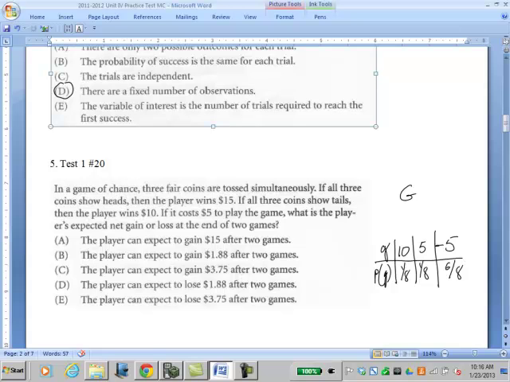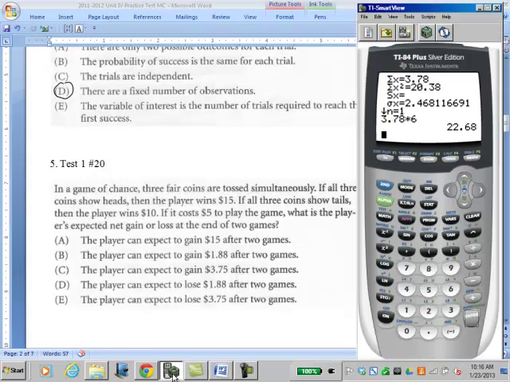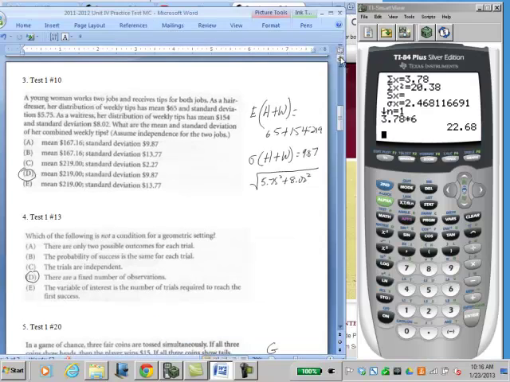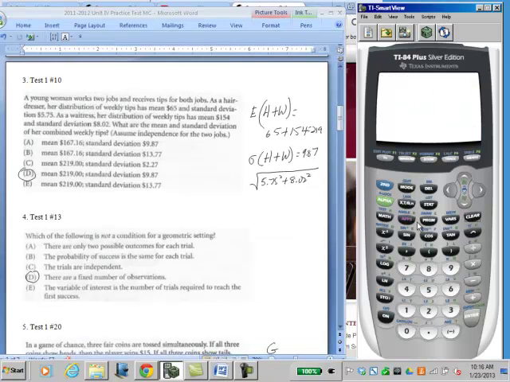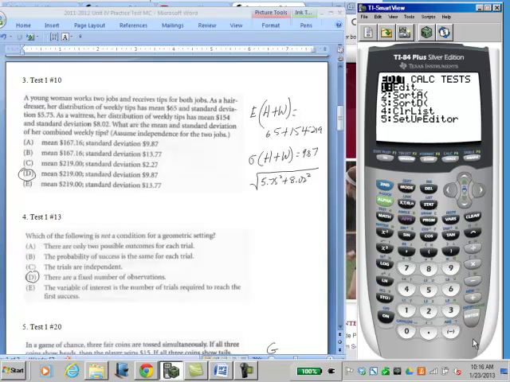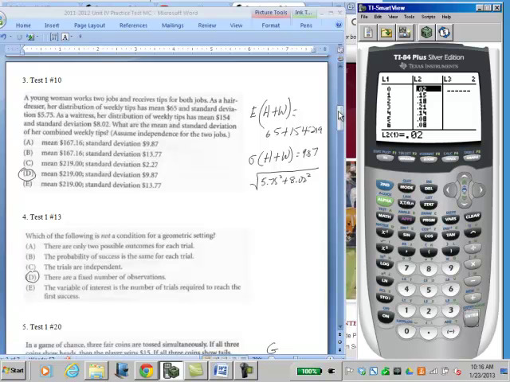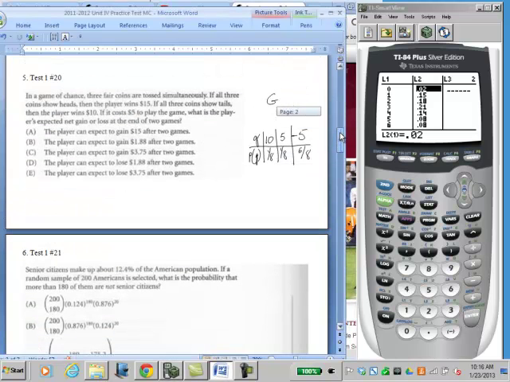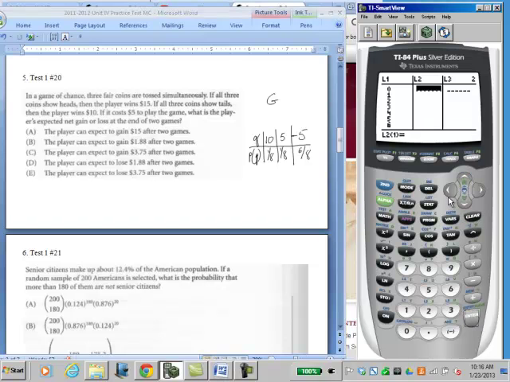Okay? So we go to the calculator to get our mean and standard deviation. So we'll go to Stat and Edit. And, okay. So I'm going to go up here and hit clear and enter. Okay, so we're going to put in 10, 5, and -5.